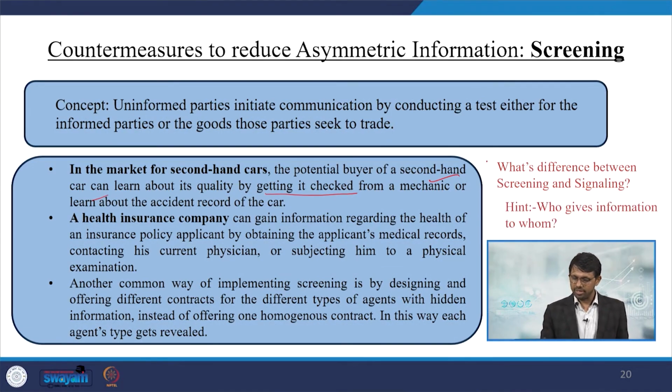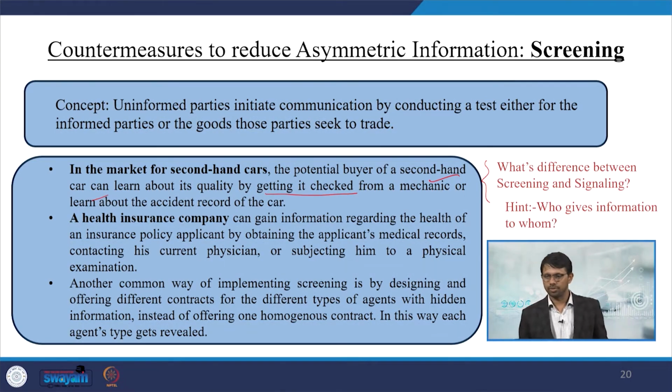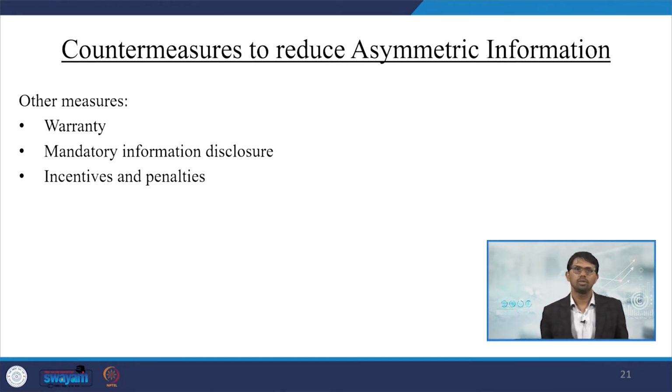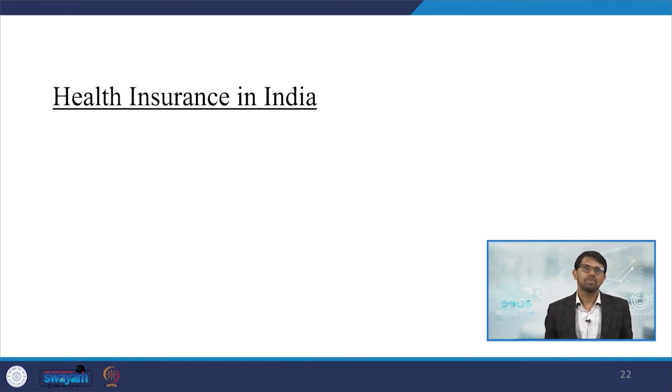What is the difference between screening and signaling? It matters who gives information to whom. There you can find the clarity. Similarly, there are other measures to counter the information asymmetry, called warranty, mandatory information disclosure, incentives and penalties, etc.